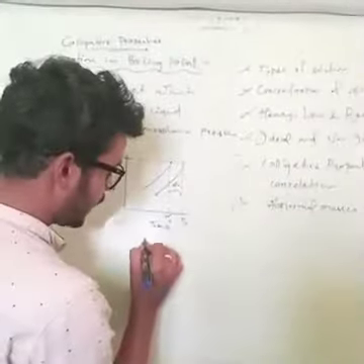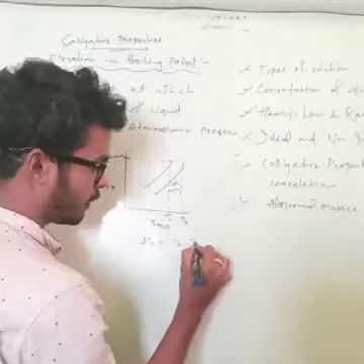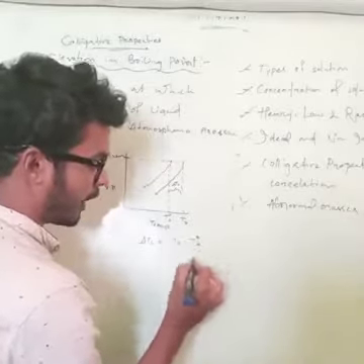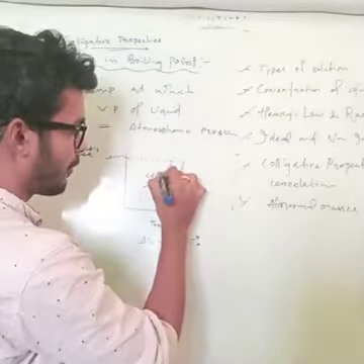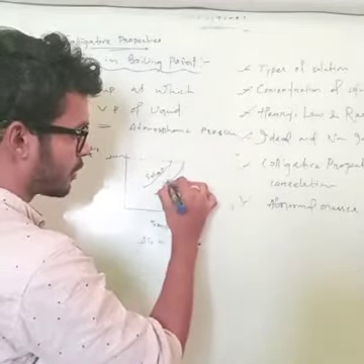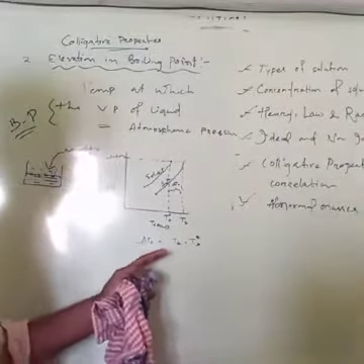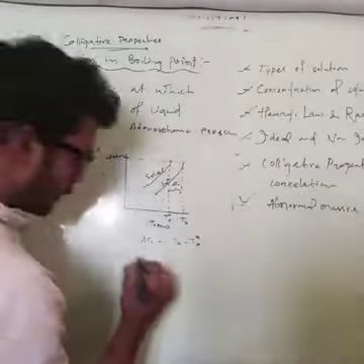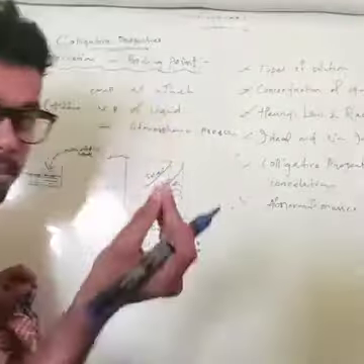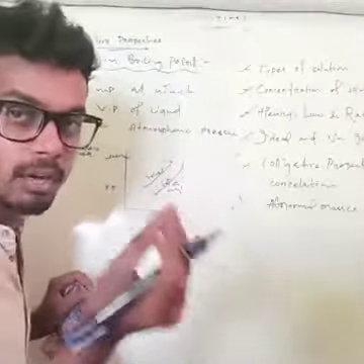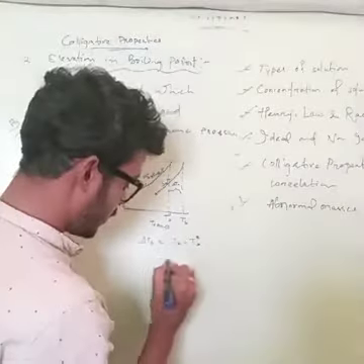So delta TB is the difference between the temperatures, where T naught B stands for the pure solvent, and TB is for the solution. That means this temperature depends upon what? The number of solute particles added, that is nothing but molality.